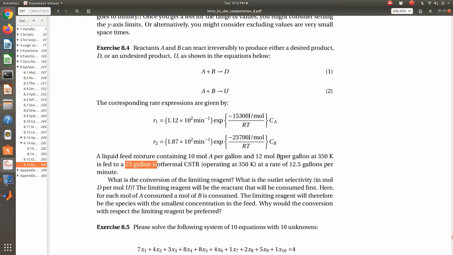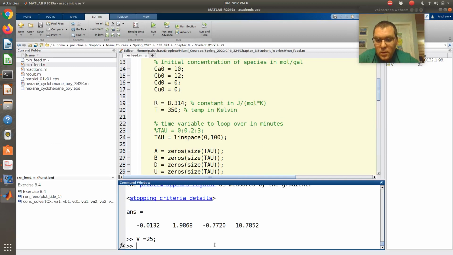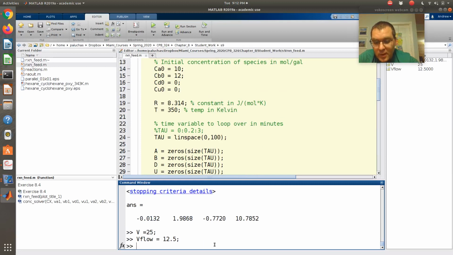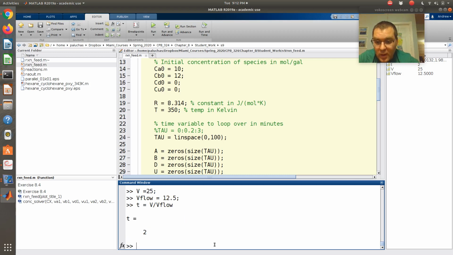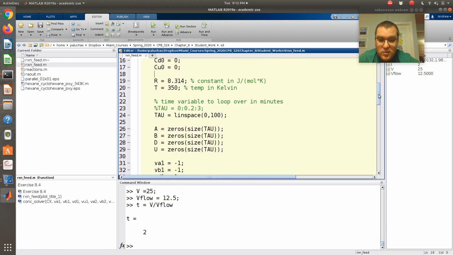We have a flow rate of 12.5 gallons per minute. So our tau value would be V divided by V flow. Okay, so 2. Now when we look at our plots, we're only interested in essentially a tau of 2.